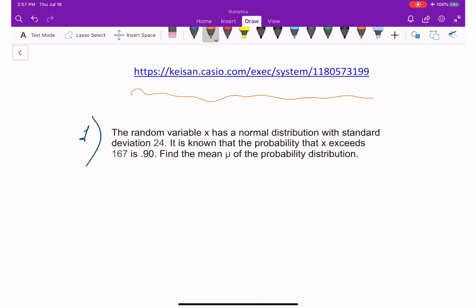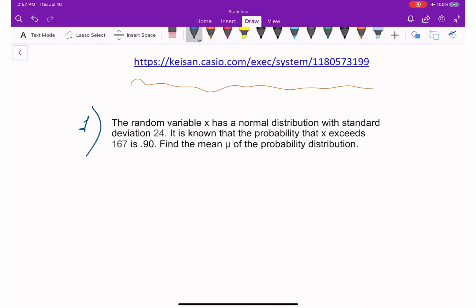All right, so the random variable x has a normal distribution with standard deviation 24. It is known that the probability x exceeds 167 is 0.9.